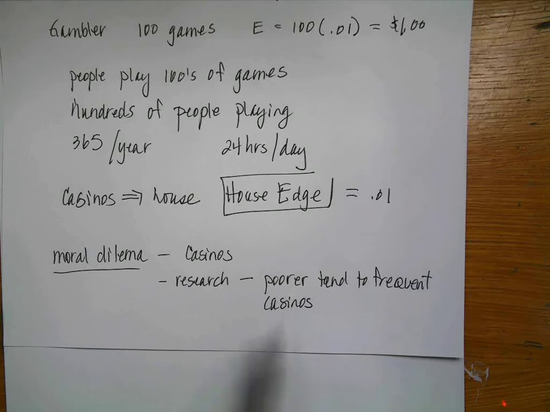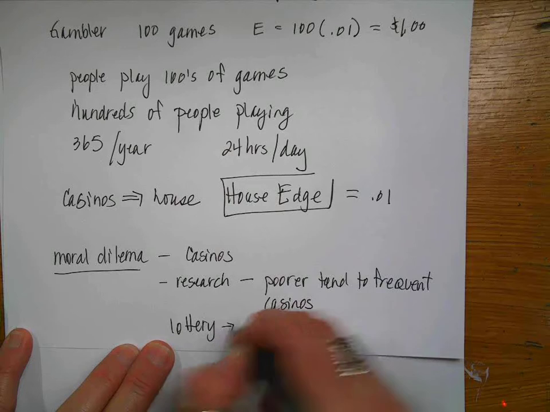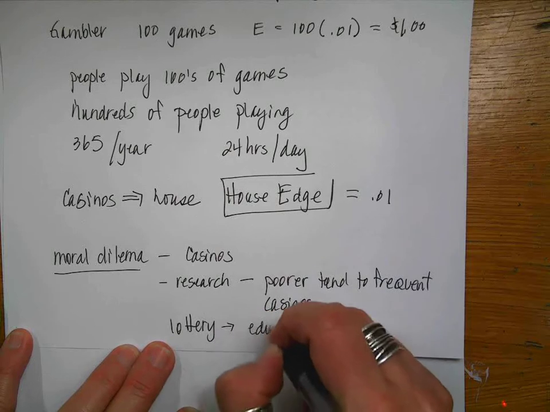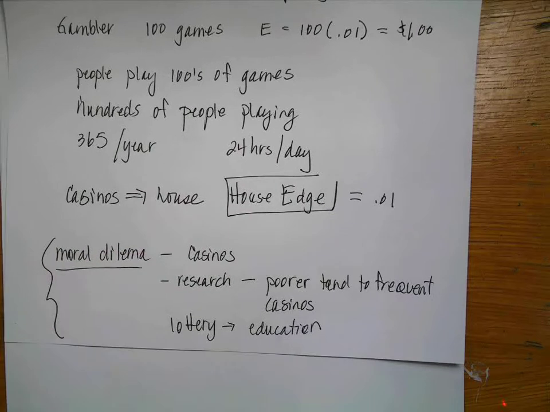And the casino is giving you lots of free things if you come and play, and so they're going to spend more money. And so the moral dilemma that comes in, is it ethical to participate in a casino activity? Is it ethical to participate in a lottery that a state has? Because the lotteries always claim to give money to education. And so it's an interesting dilemma to talk about the pros and cons of gambling.